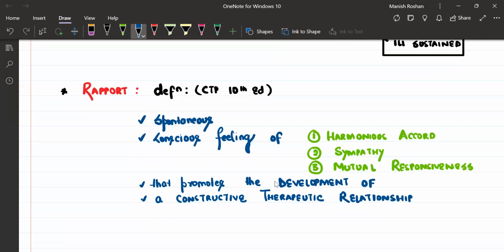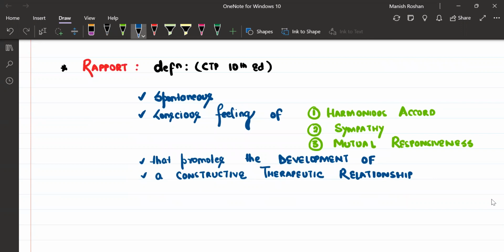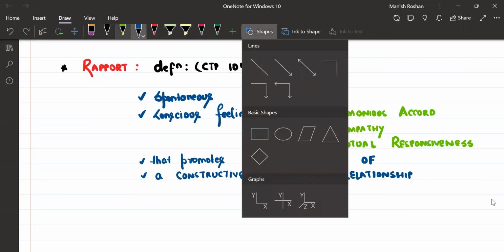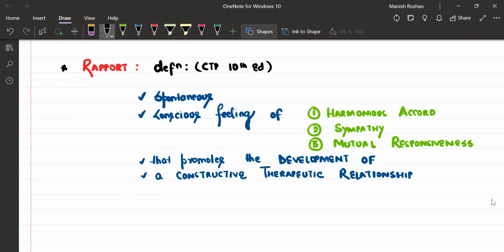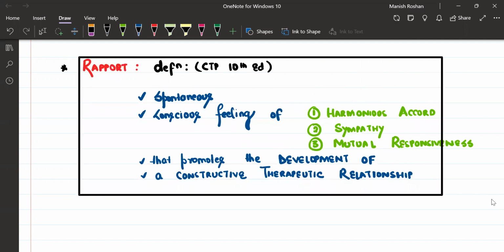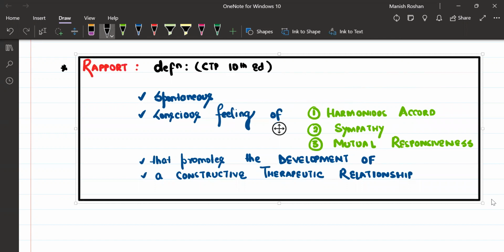There is no excuse whether it is difficult or not. That is the reason why I always try to break the definition into a number of core components that are the key factors and the important components of the definition. It helps in making the definition easy, and these components shouldn't be missed whenever someone asks you regarding the definition of rapport, or be it any heading.